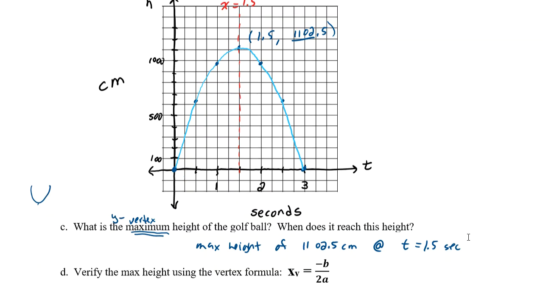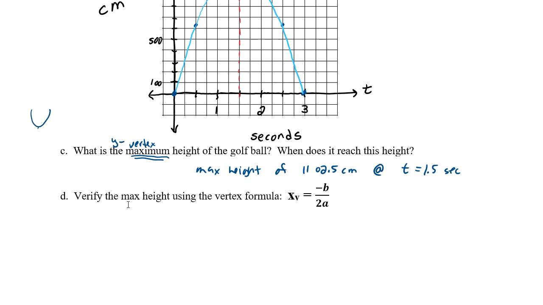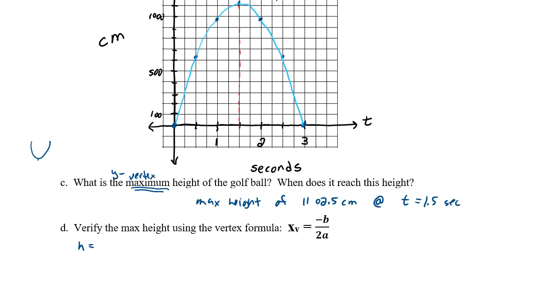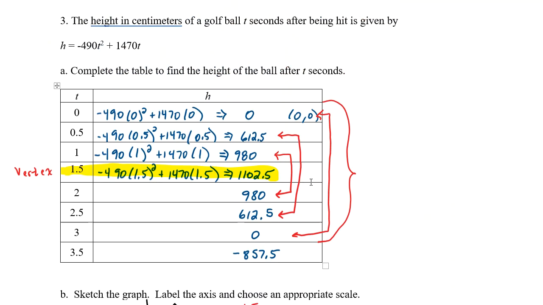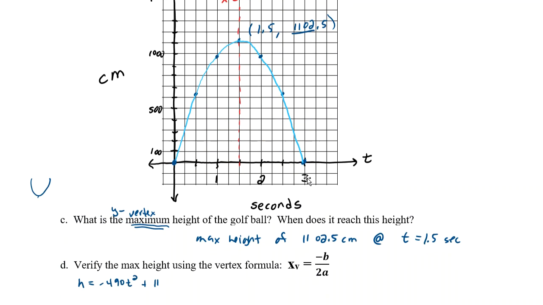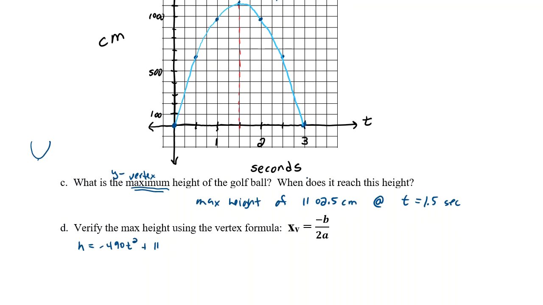It's asking specifically for the y value of the vertex. All right, so just to practice and verify, let's find that maximum height using the x value of the vertex formula. So let's rewrite our equation: negative 490t squared plus 1470t. Okay, so what is my a value and my b value?